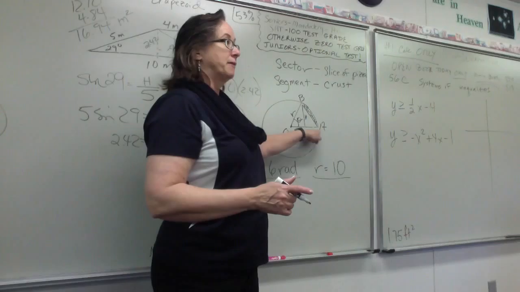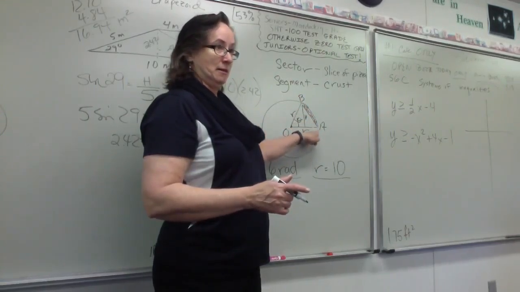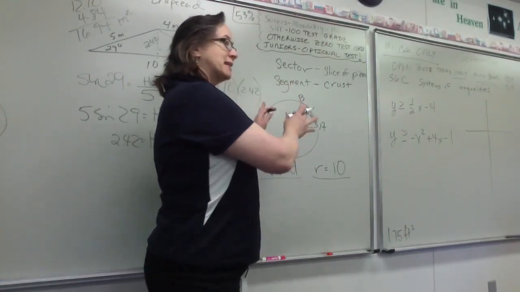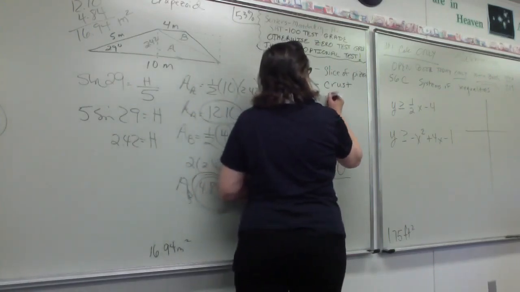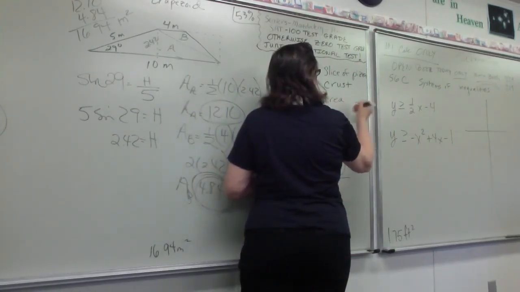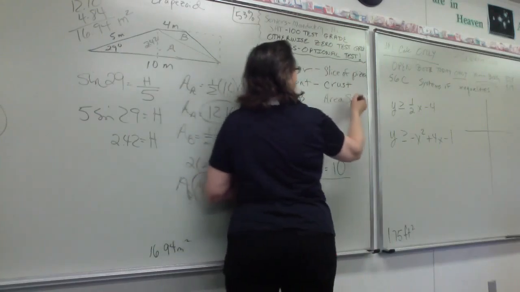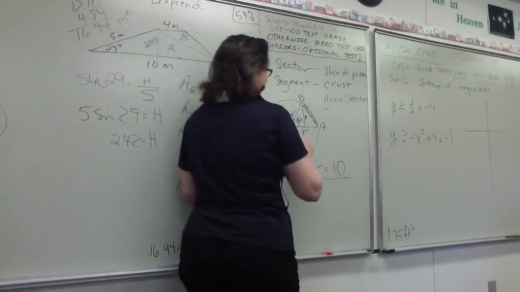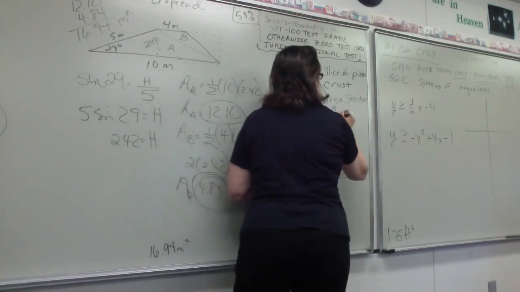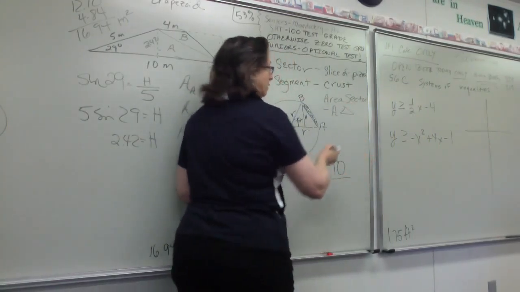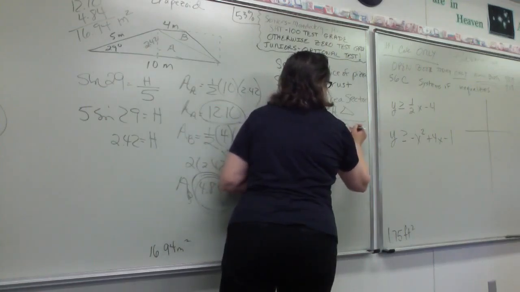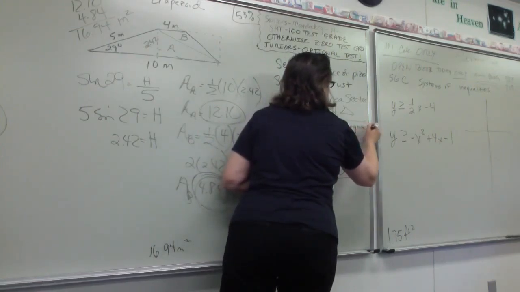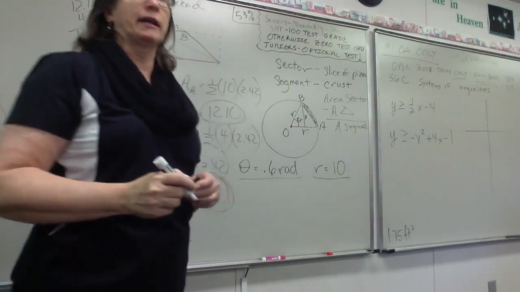The area of the segment. So whenever you're doing this type of problem, the process is area of the sector minus the area of the triangle equals the area of the segment. That's the procedure we're going to go through.